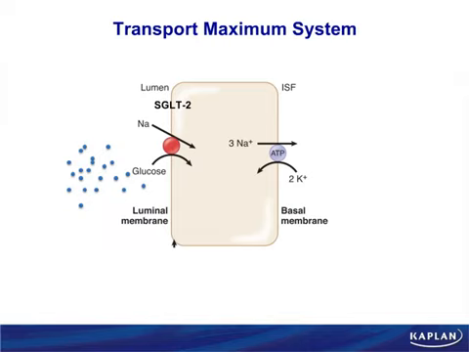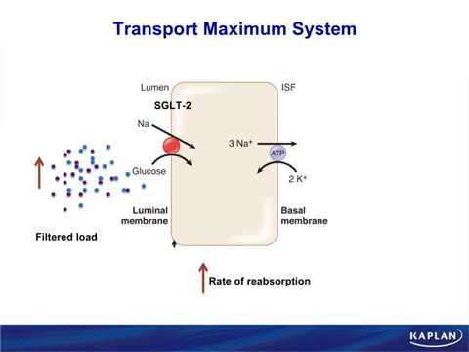Now, remember saturation kinetics. When I say the concentration of glucose in the lumen increases, what I'm really saying is the filtered load. The concentration of glucose in the lumen of the proximal tubules is the filtered load. So as the filtered load of glucose increases, the rate of reabsorption of glucose increases.